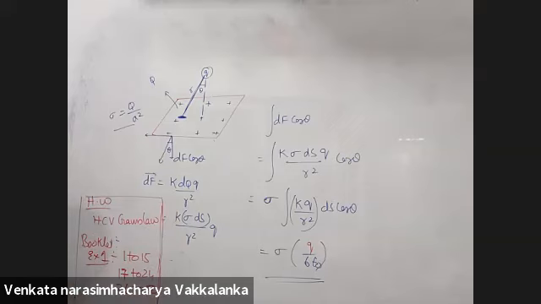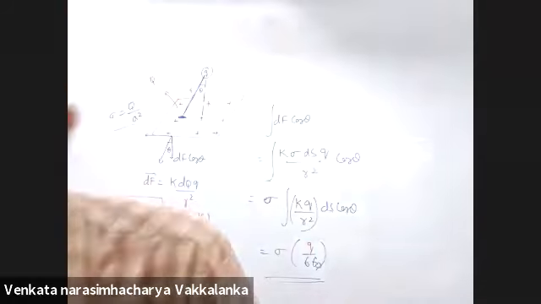Is the homework clear? Exercise 1, Gauss law HCV. Exercise 1, 1 to 15, 17 to 24, 26 to 50. Are we okay with that?